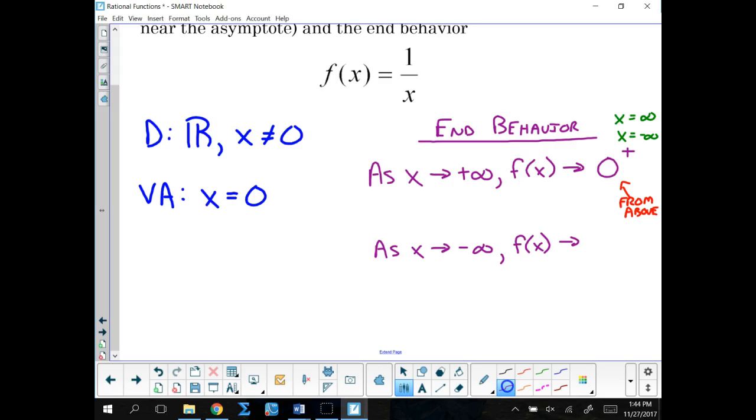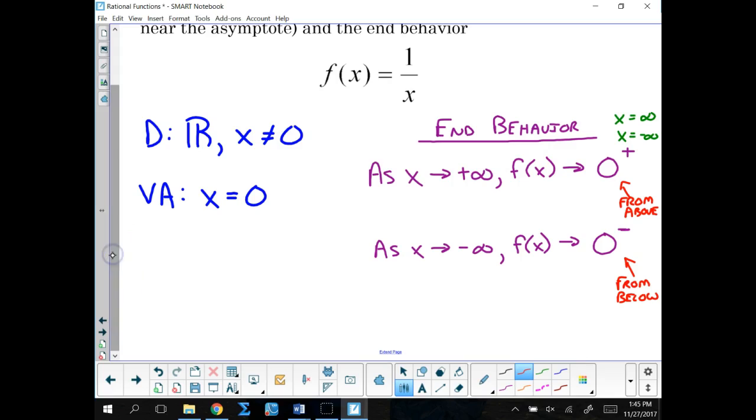It's going to go to 0 from below, because it's going to be negative now. So that's my end behavior.